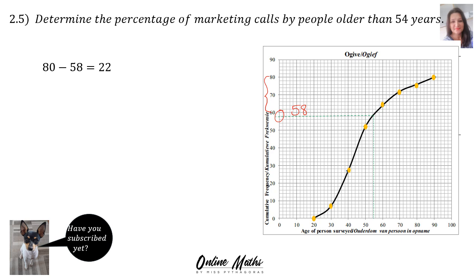So this means there's in that interval there will be 22 people. And then the percentage is 22 divided by the total, which is 80 times 100, and then our answer is 27.5% of the people older than 54 years.